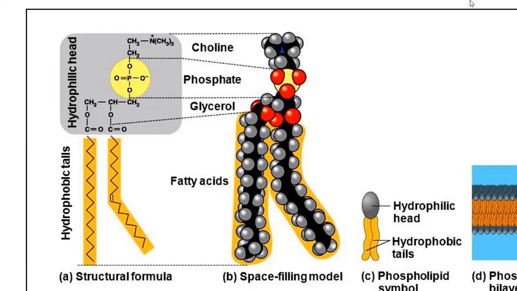Look at the diagram: carbon, hydrogen, oxygen, nitrogen, phosphorus. What is the group responsible to give the nitrogen element? Choline group. If choline group is there, only then can nitrogen be expected. Correct? Yes, sir. So those ideas you have to understand.